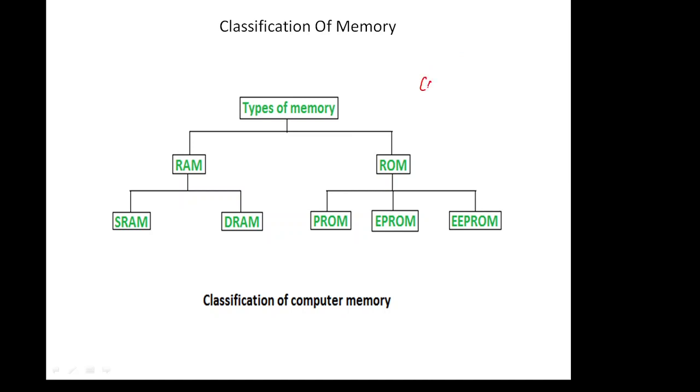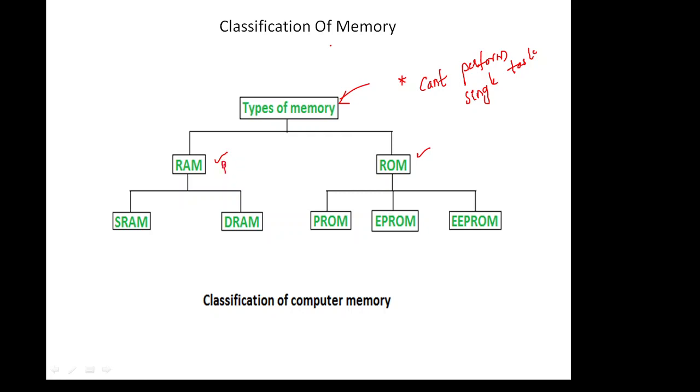We can't perform even a single task without memory. That's how important it is. The major classification of computer memory is, the first one is RAM and the second one is ROM. This is the computer memory classification.